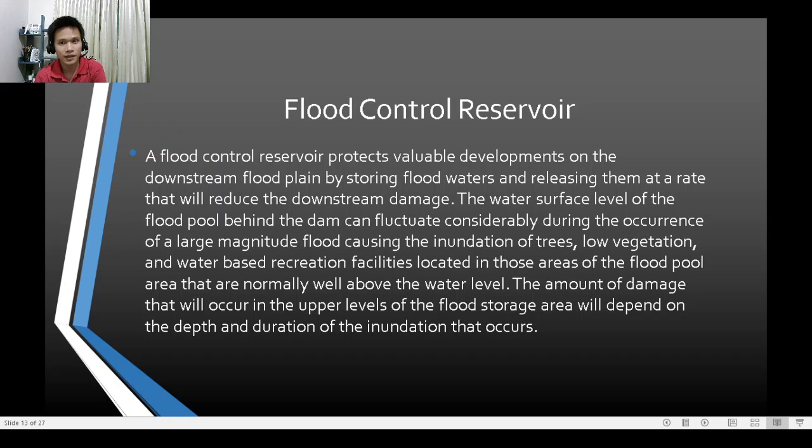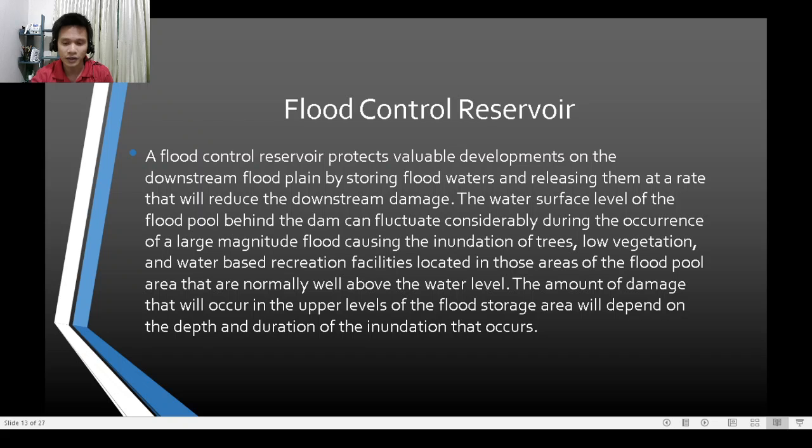The water surface level of the flood pool behind the dam can fluctuate considerably during the occurrence of a large magnitude flood, causing the inundation of trees, low vegetation, and water-based recreation facilities located in those areas of the flood pool area that are normally well above the water level. The amount of damage that will occur in the upper levels of the flood storage area will depend on the depth and duration of inundation that occurs.